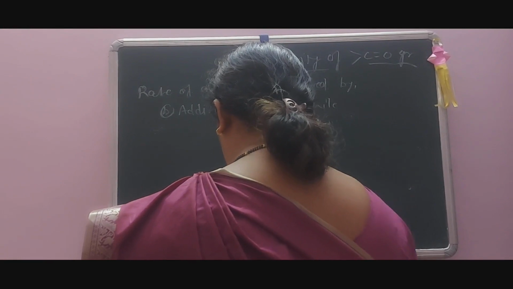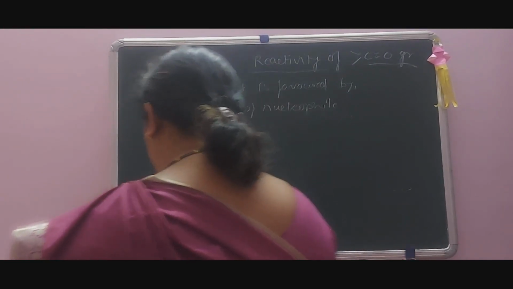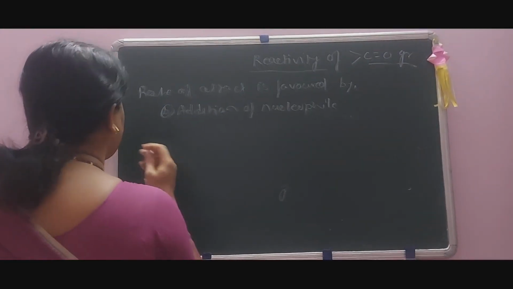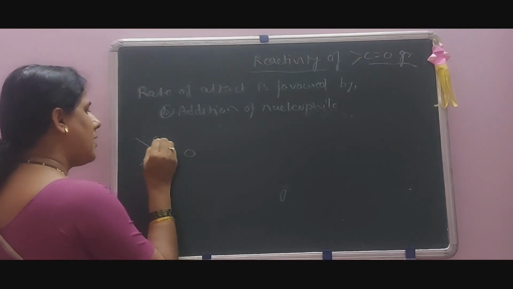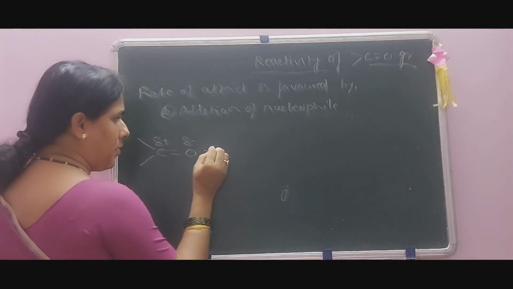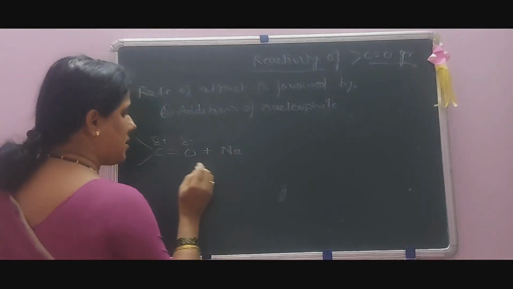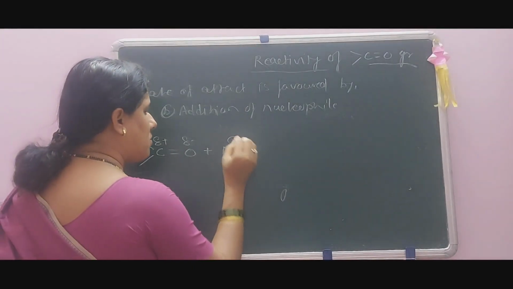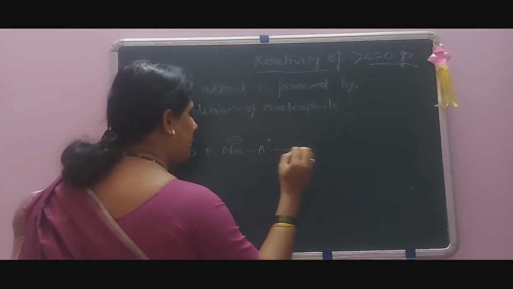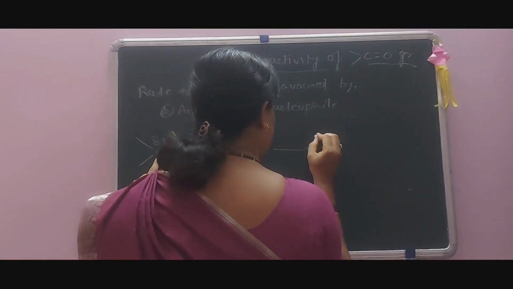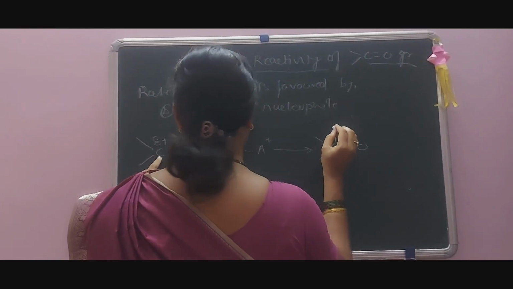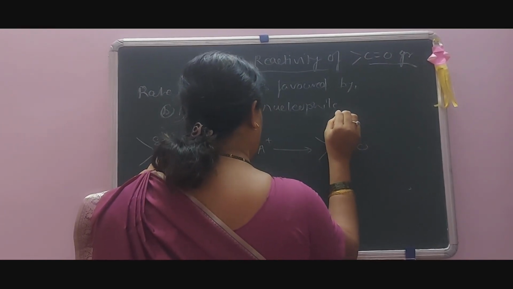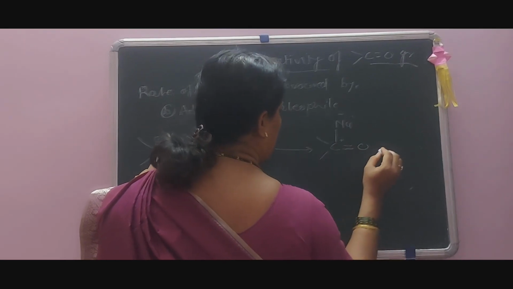See here, first the C double bond O group, with delta positive and delta negative, is attacked by the nucleophile, Nu negative and A plus. In the first part, C double bond O is attacked by the nucleophile.